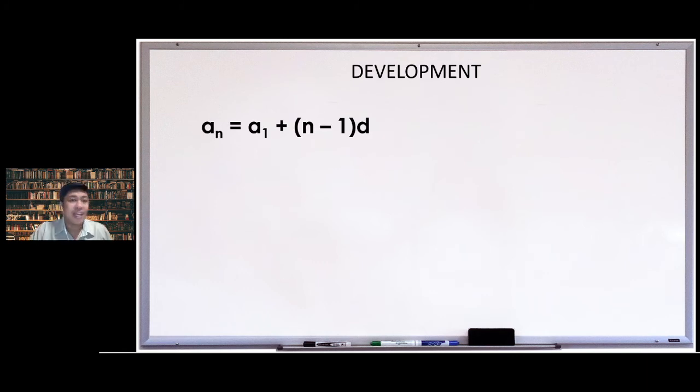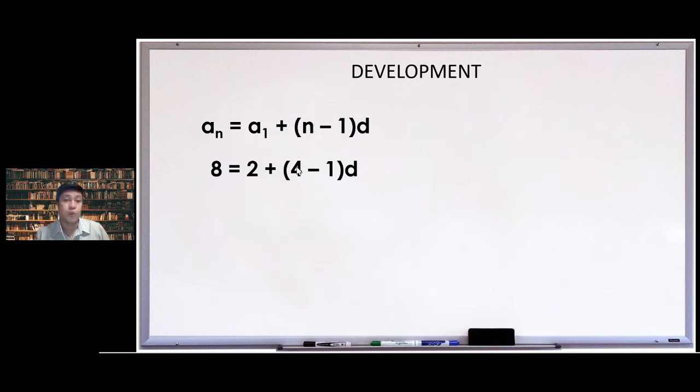Using a sub n is equal to a sub 1 plus the quantity n minus 1 times the common difference. Since our last term is 8, that will be substituted for a sub n. So a sub n now becomes 8. So a sub 1 is 2 plus, how many terms are there in our arithmetic sequence? Very good. There are 4 terms.